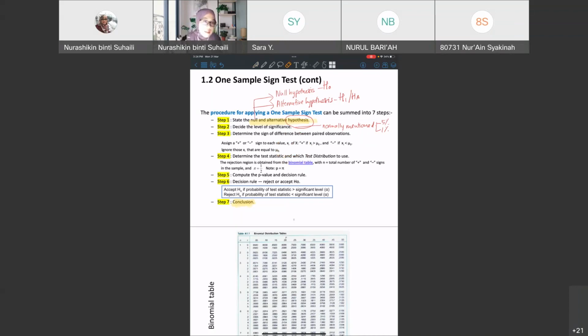For every statistical test, there is a certain table that you have to refer to. For this Sine test, you refer to the binomial table. This table will be given in the exam, so you don't have to worry about it, but you have to know how to use it: which one to refer to, which column, how to read it. So in this test, we use the binomial table.